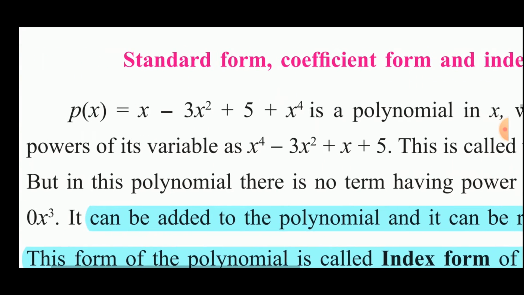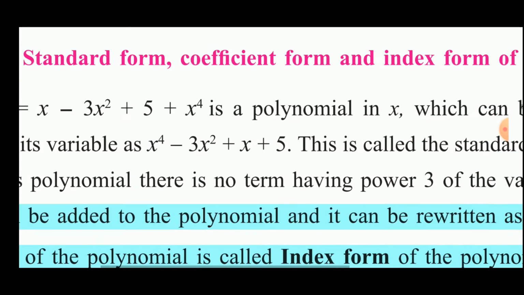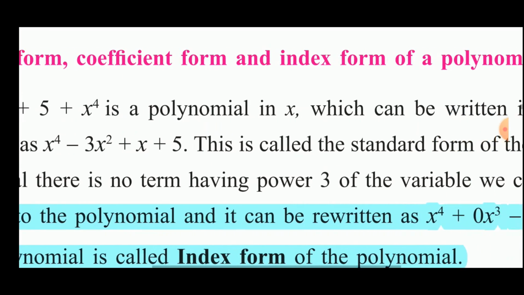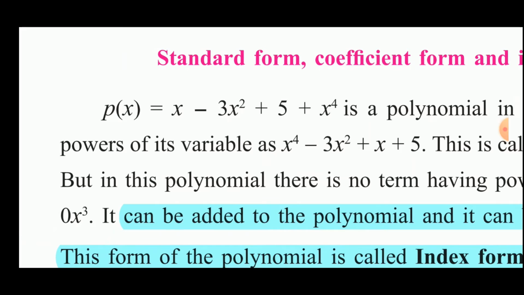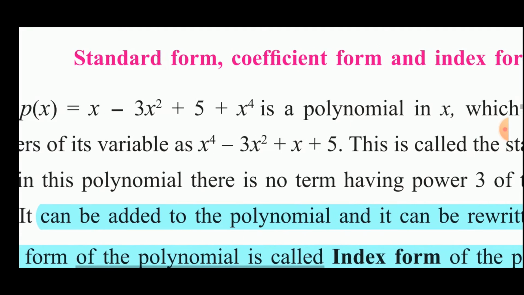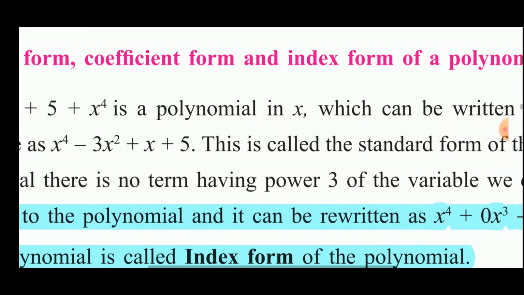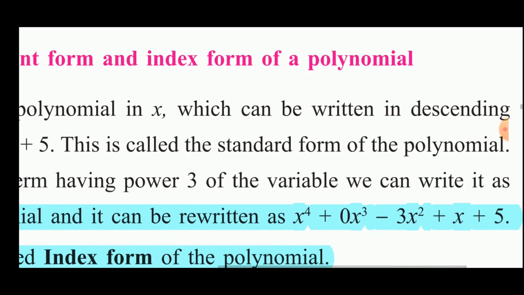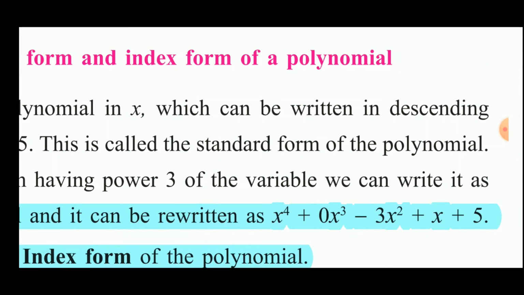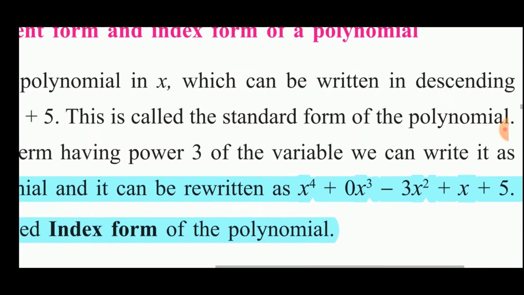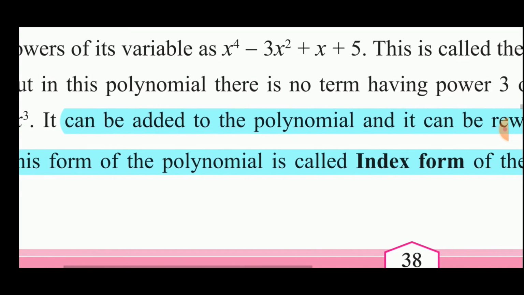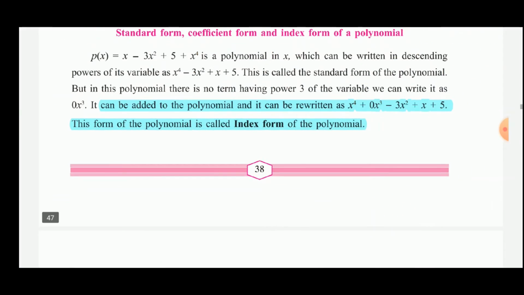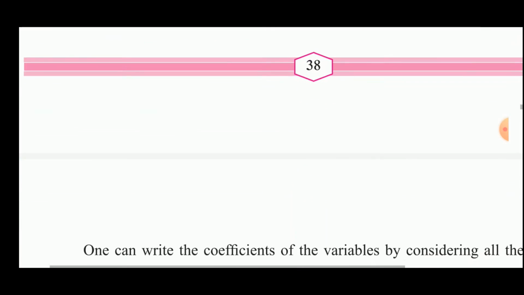But in this polynomial, there is no term having power 3 of the variable. So we can write it as 0x cube. It can be added to the polynomial and rewritten as x raised to power 4 plus 0x cube minus 3x square plus x plus 5. So this form of the polynomial is called the index form of the polynomial.